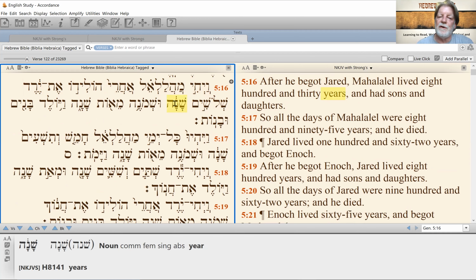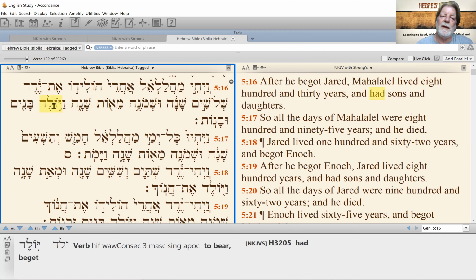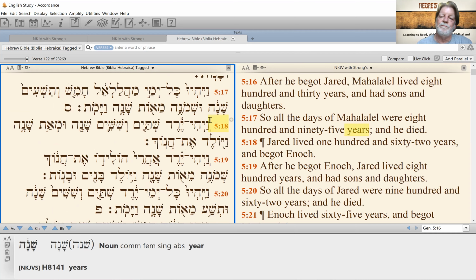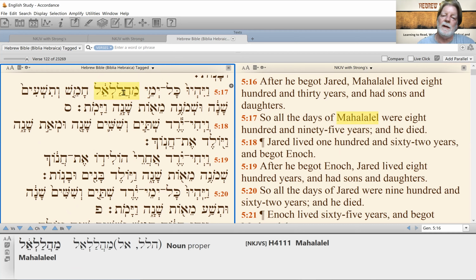Shloshim Shana, 30 years, Ushmone Meot Shana, and 800 years, so 830 years. Vayoled, and he caused to be born, Banim u Banot, sons and daughters. Verse 17, Vayahiu, and they were, Kol Yamei Mahalalel, all the days of Mahalalel.